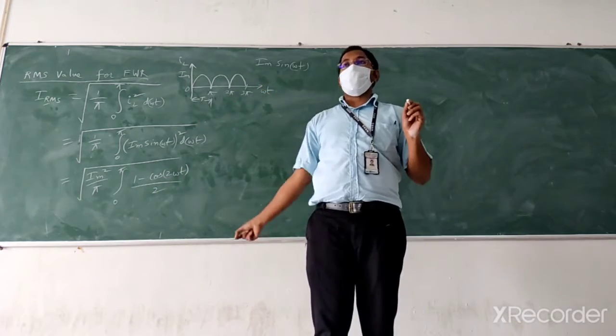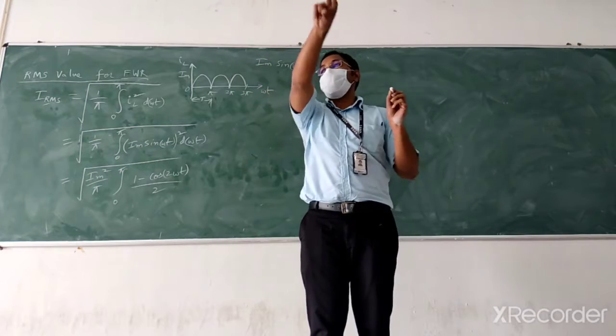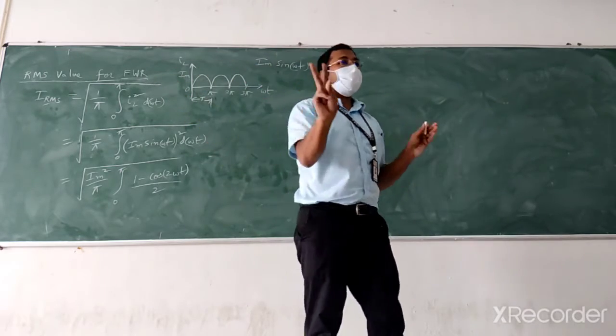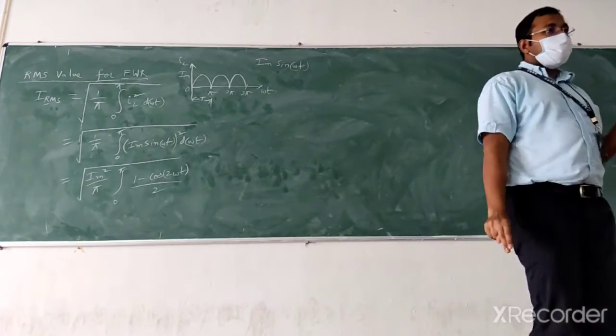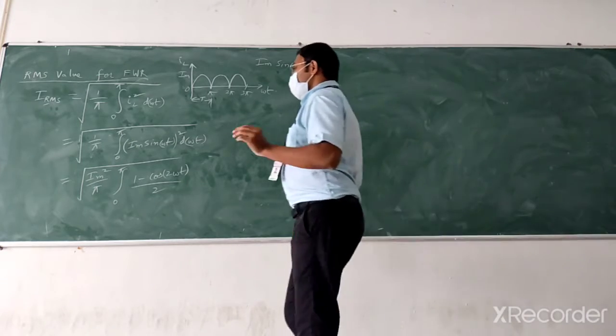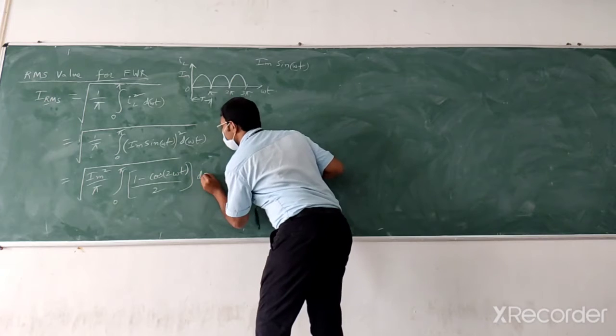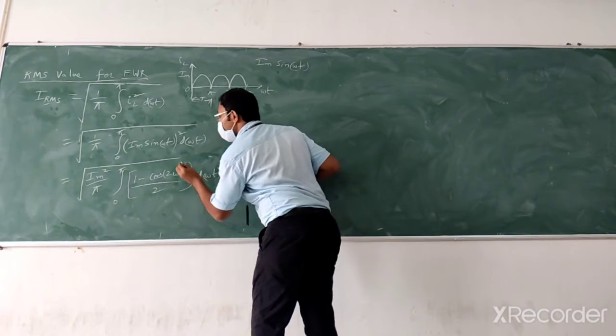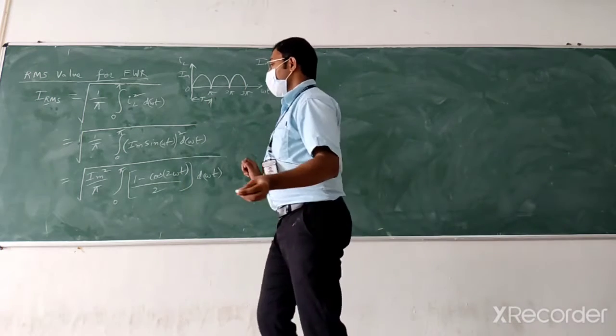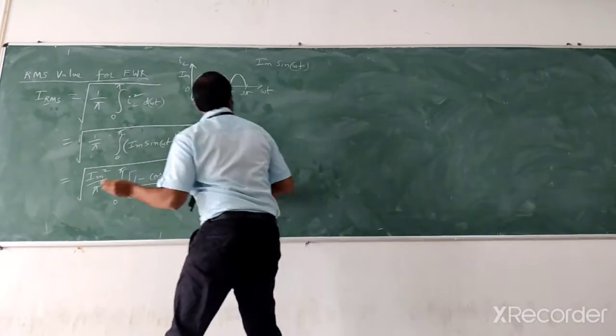Again the same formula: sin square theta we replace with 1 minus cos 2 theta by 2, then d omega t. Next, let me write.